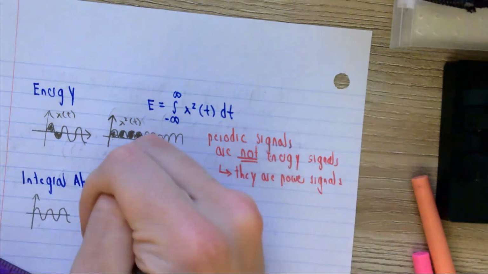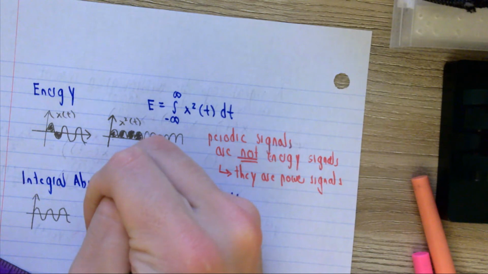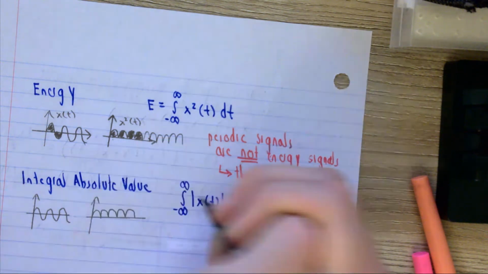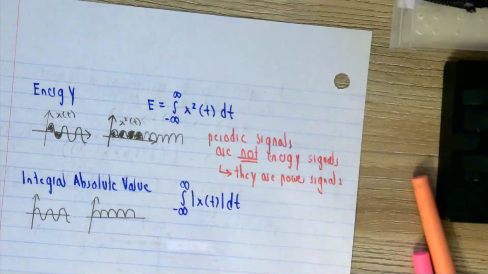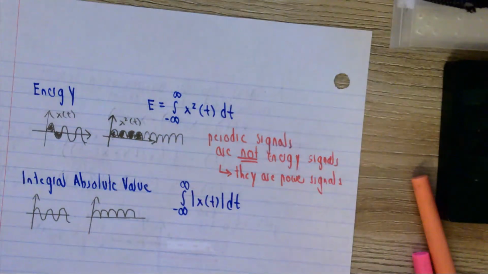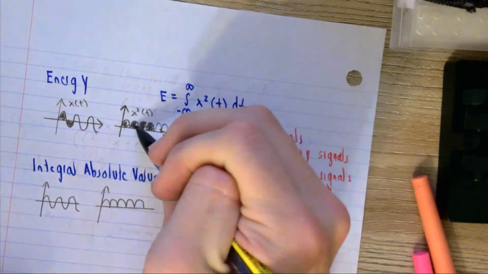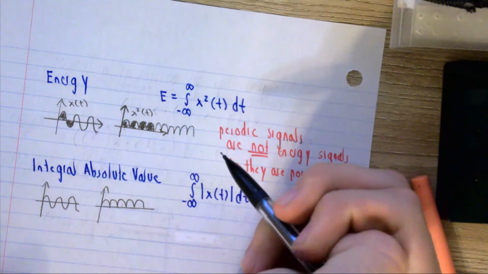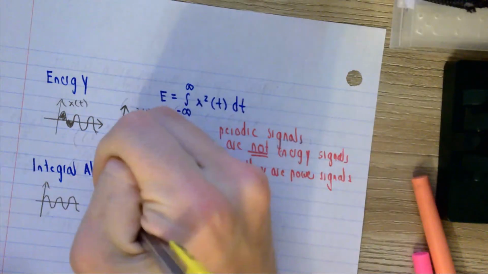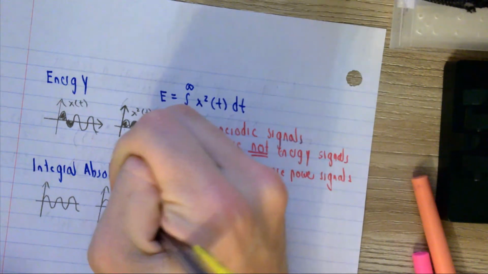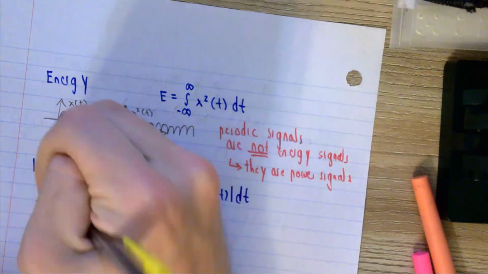So it would look like this as well. There's a difference between squaring it and just taking the absolute value, specifically because x squared is going to make it larger than just taking the absolute value of x compared to the original.